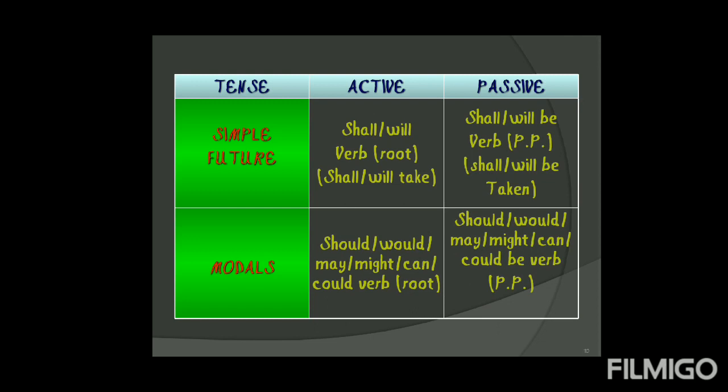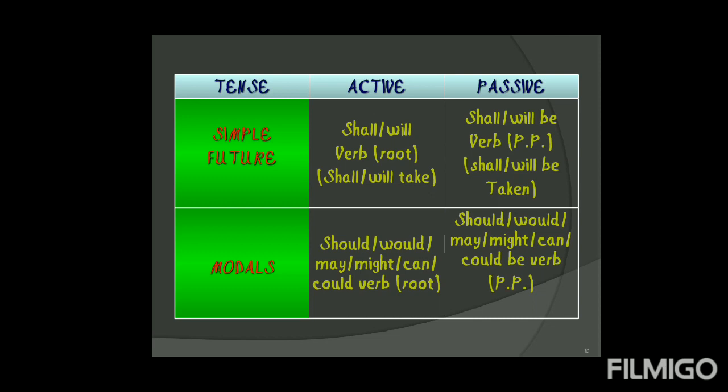In the last slide of this video, we discuss modals. Just remember, for modals as well, we use the same form, be plus past participle form of the verb, that is, should is transformed into should be plus verb in past participle form. So if you take the example, say take, should take would be transformed into should be taken.